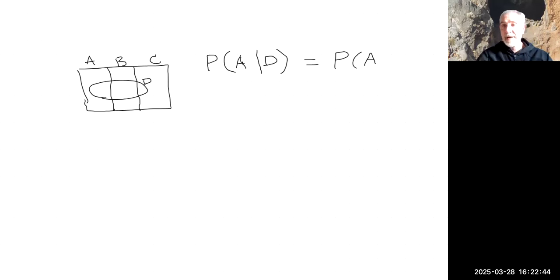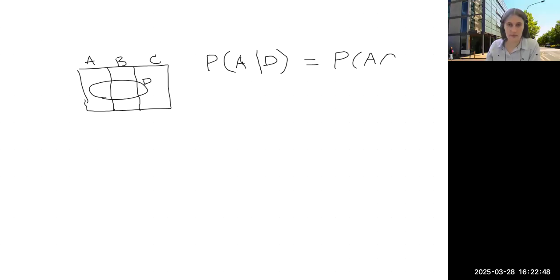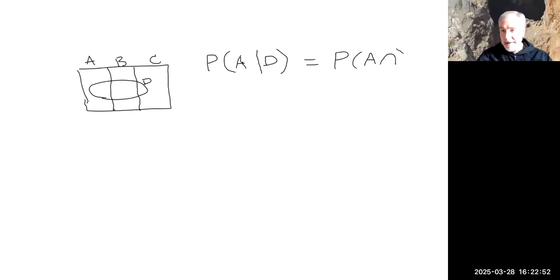Probability of coming from A and being defective, divided by the probability of what was given. So the probability of D. So this is D.